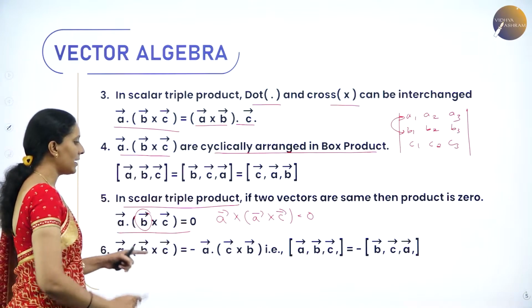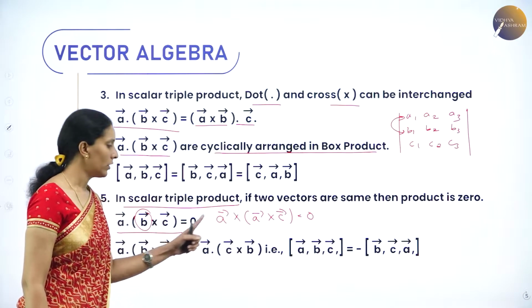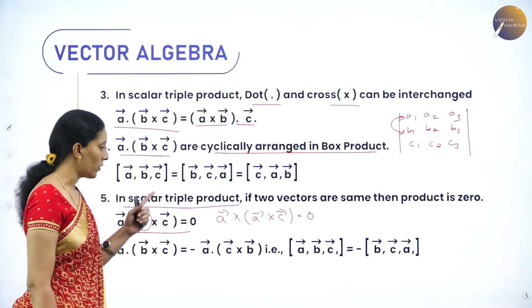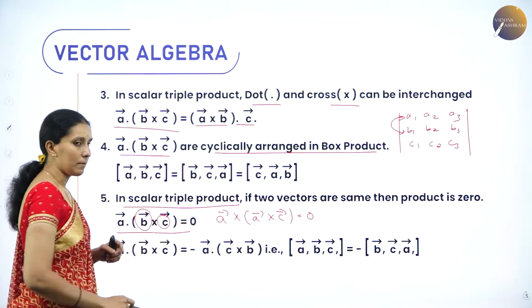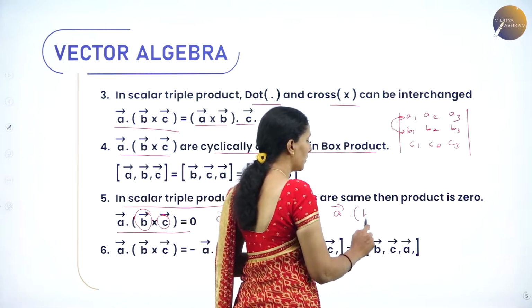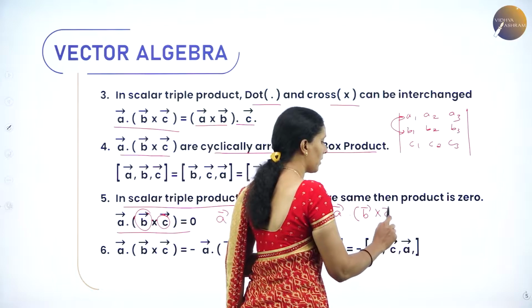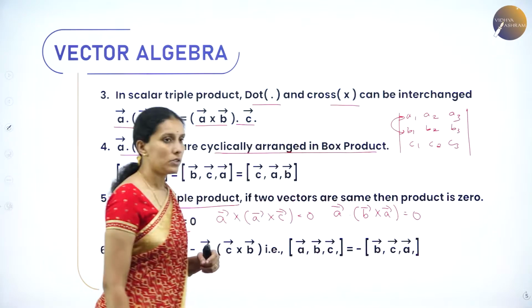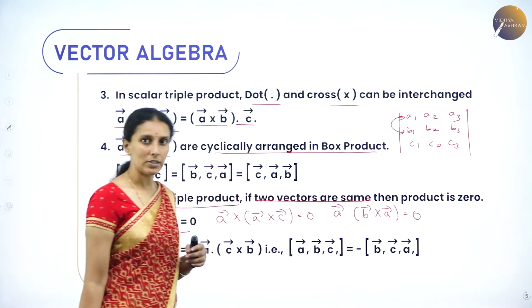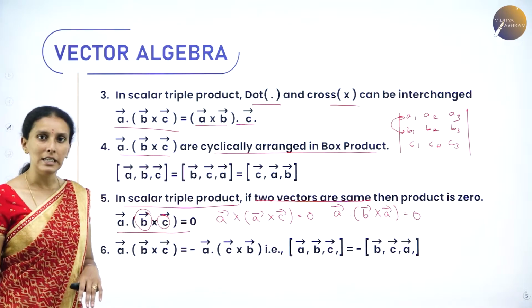So if vector B is equal to vector A, the scalar triple product is 0. Or C may be A sometimes, for example vector A dot B cross A. This is also 0. Therefore, if two vectors are the same in the scalar triple product, the value is 0.